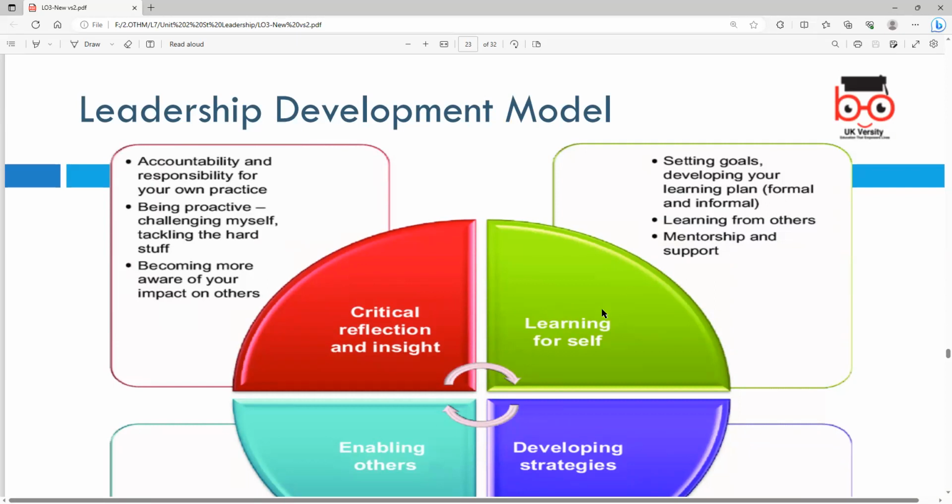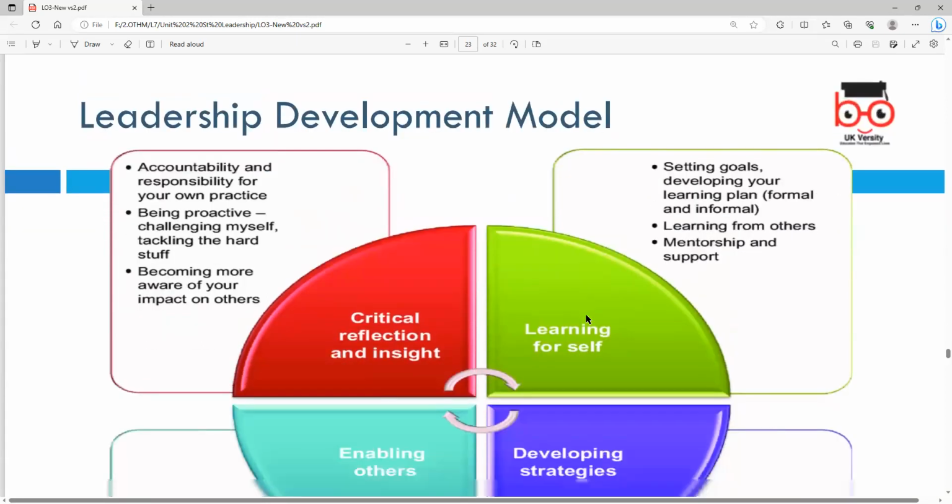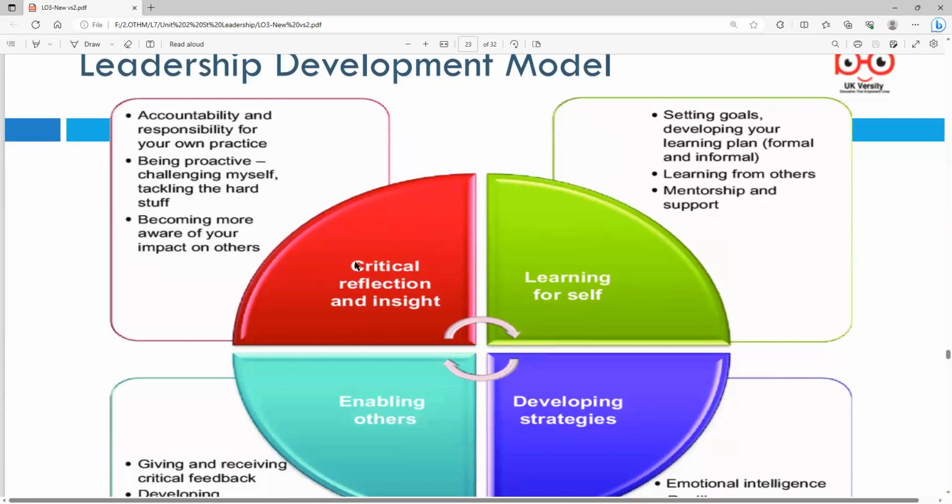So this can be a personal development plan, or it can be a critical reflection and insight in terms of accountability and responsibility for your own practice, being proactive, being more aware of your own impact on others.